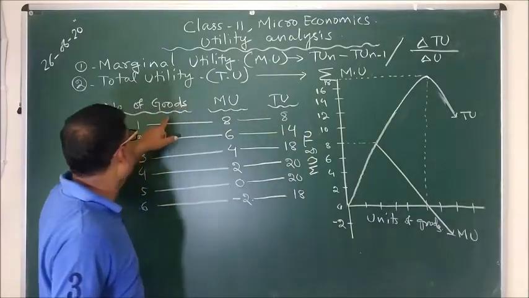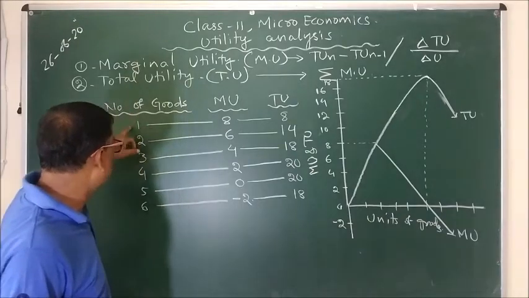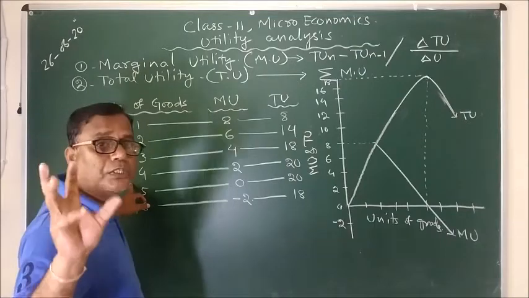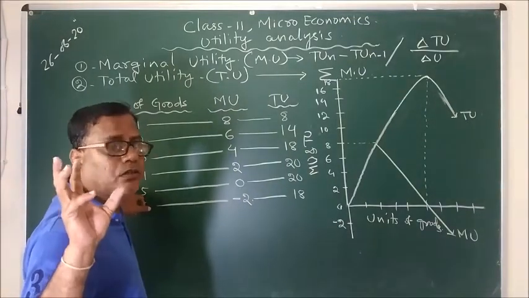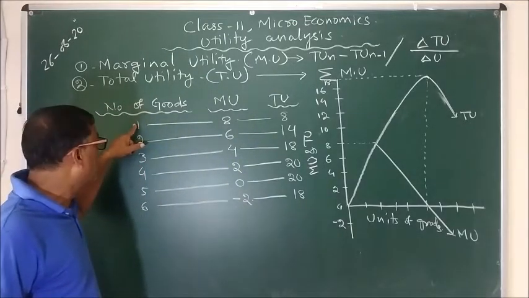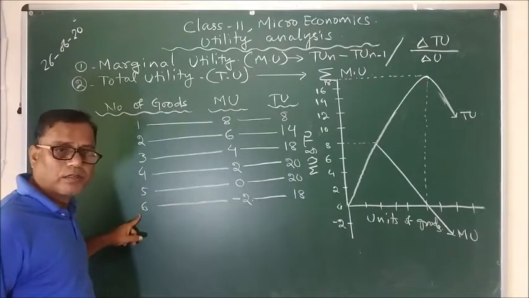So, you can see here in this table, this is the number of units of goods that we are consuming. Suppose we are consuming banana, or suppose we are consuming samosa, then this is the first samosa, this is the second one, this is the third one, fourth one, and so on.